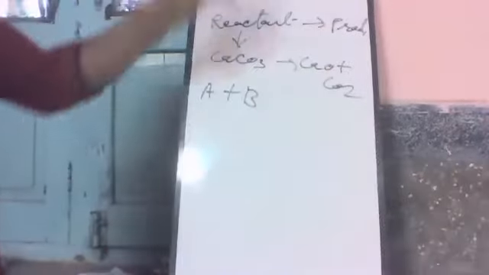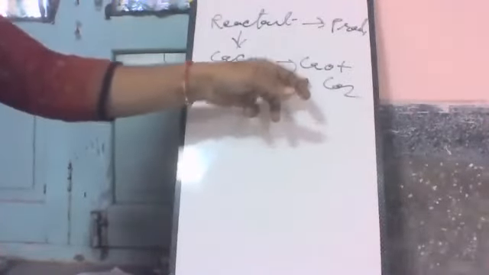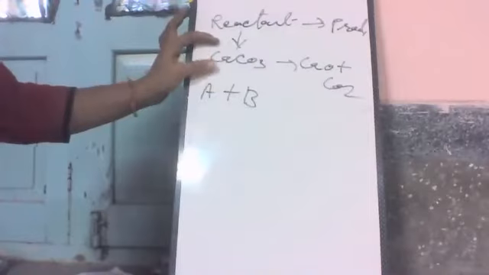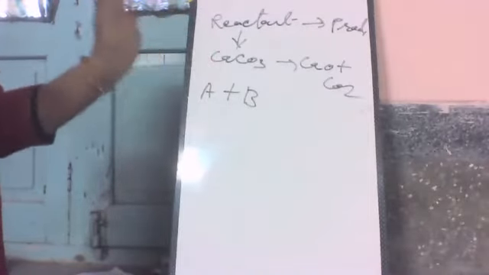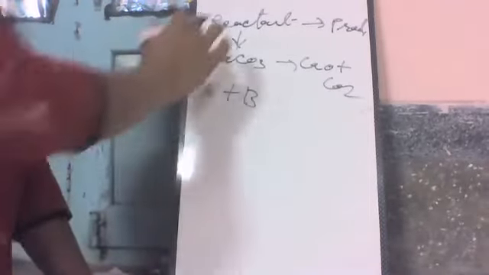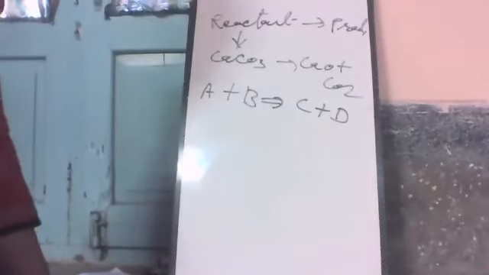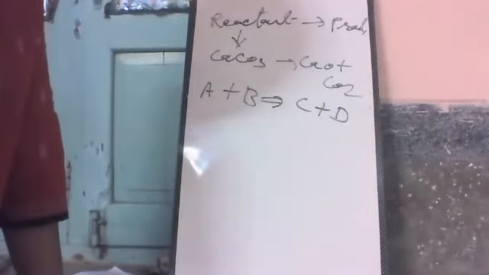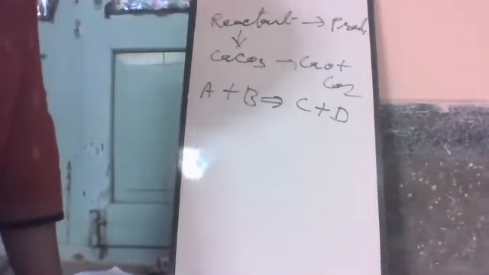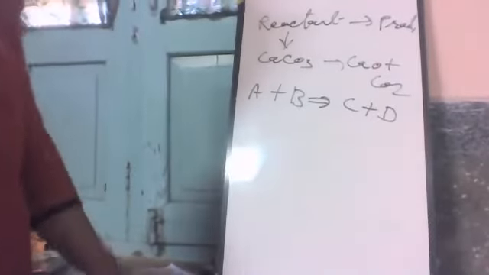The substances produced after the reaction are known as products. The substances taking part in the reaction before the reaction are known as reactants. There are different kinds of equations.